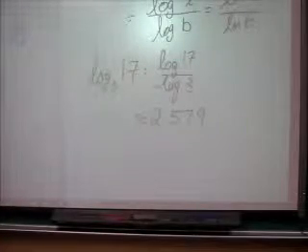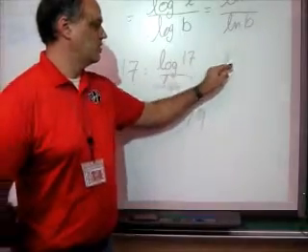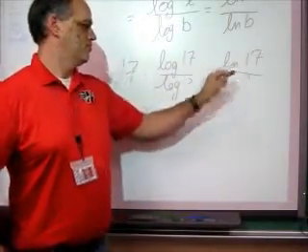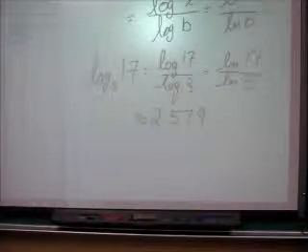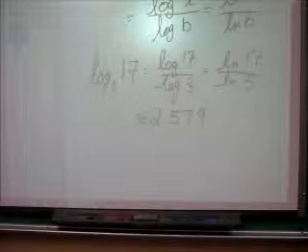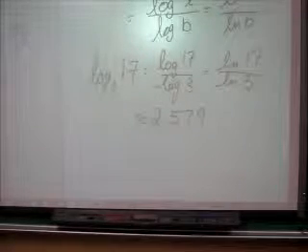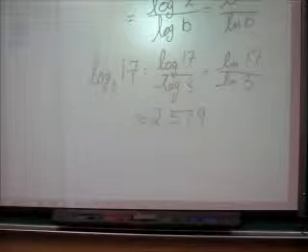Do we get an agreement with that? Okay, and that was our common log. So as mentioned, let's take a look at our natural log. I'm going to predict that it's 2.579 again. That should not have been a surprise.